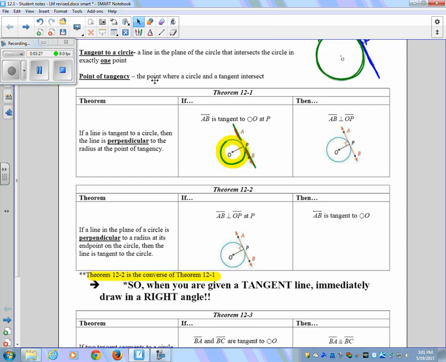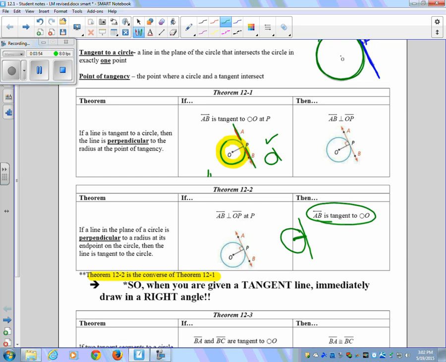Down here we're given the circle and a radius, and then we're told this line is drawn so that it's got one point to the radius. Therefore we can conclude, well then it must be a tangent line. So basically the given information up here is that the line is tangent.